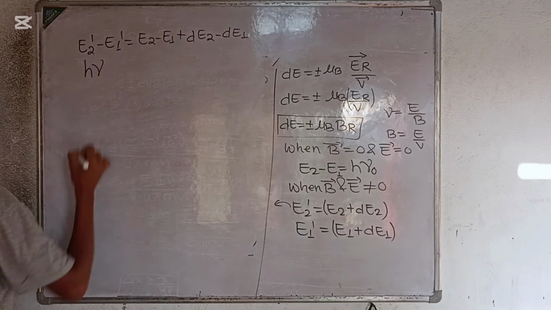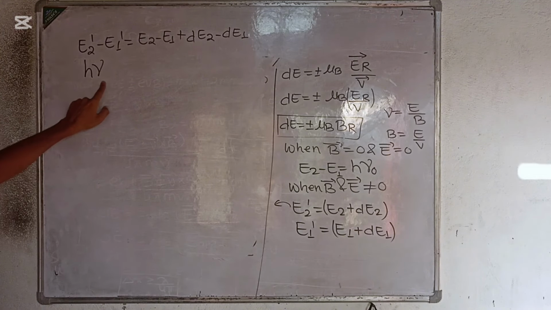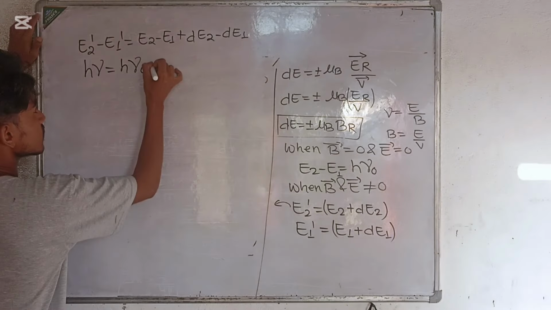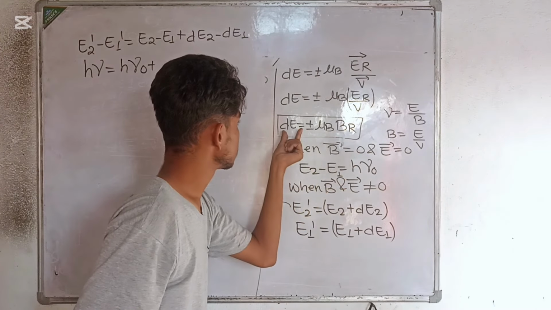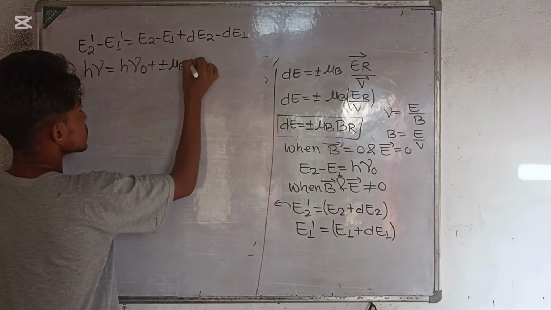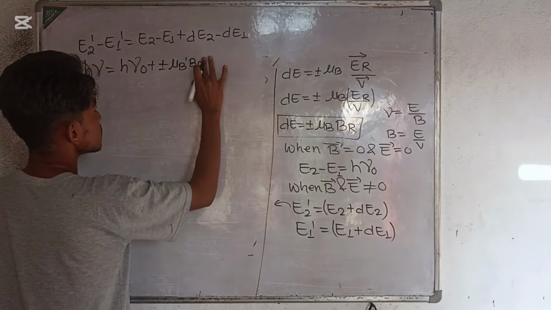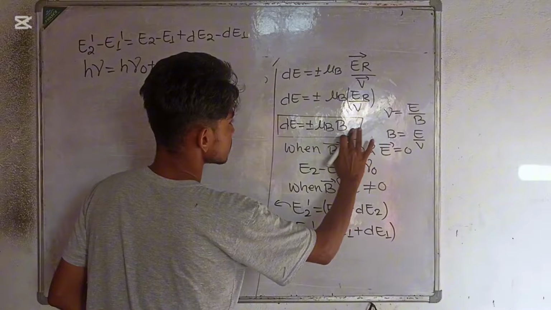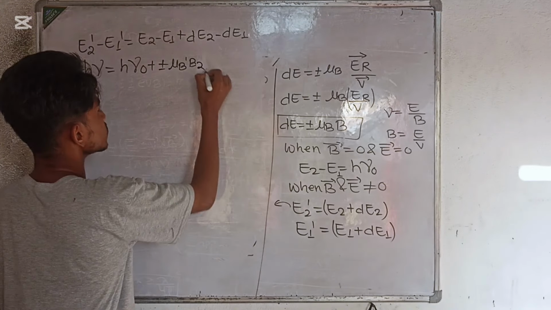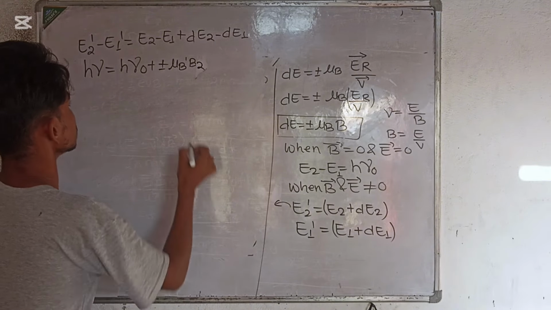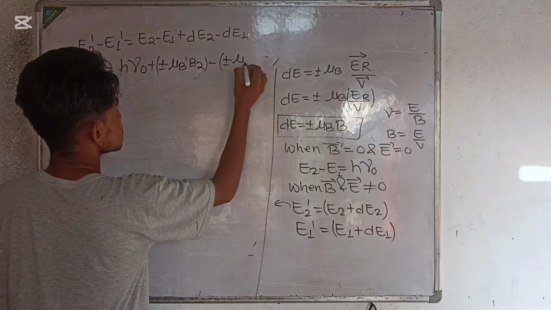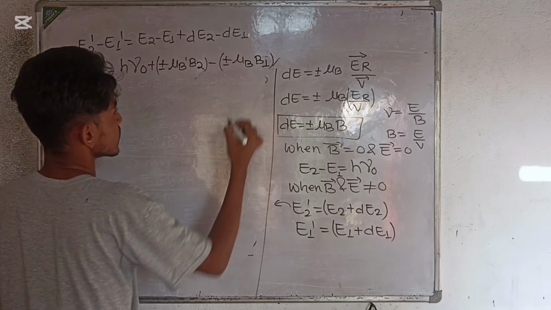So E2 minus E1 can be written as h nu, and this is h nu naught, plus dE2 right here, plus minus mu B. I'm not writing R here because I want to write B2, plus minus mu B2, right? And minus plus minus mu B1.